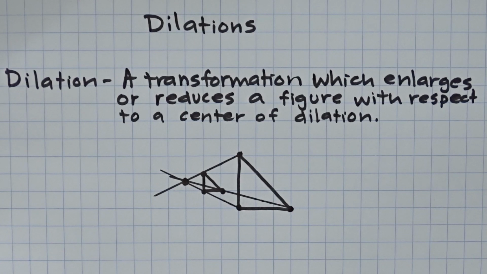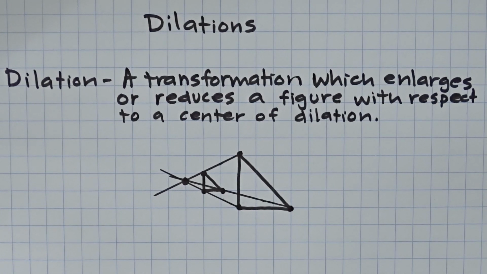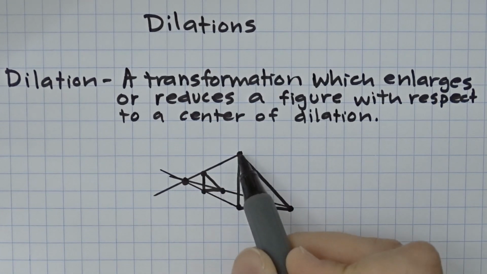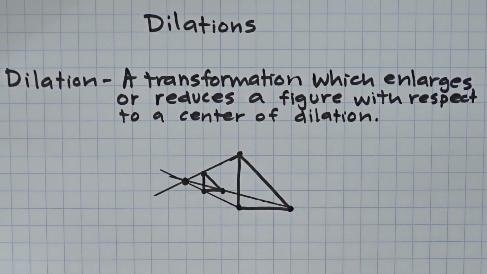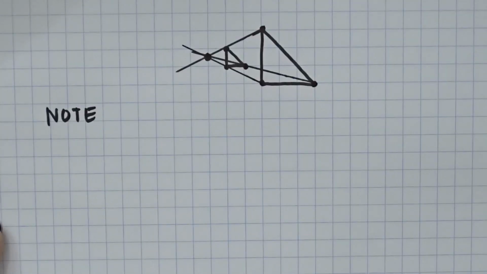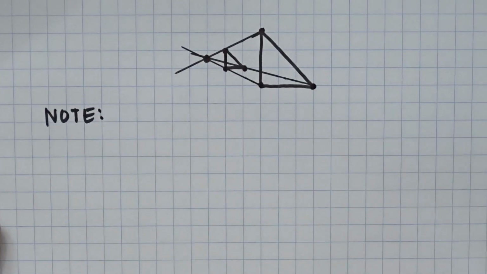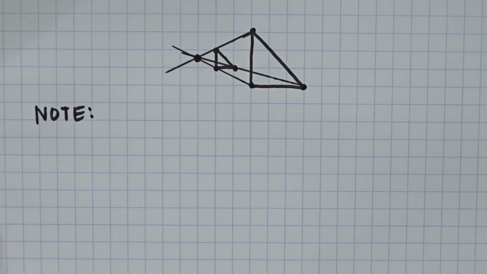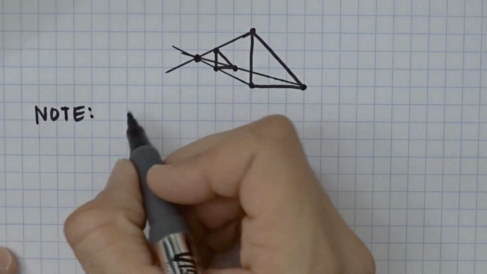So if you ever see two images and you're curious, are they dilations? You can just sketch a line from each vertex connecting and see if it looks like they come together at a point. All right, so let's write that down, because it is important to note when you see figures whether or not, by just looking at it, it is or is not a dilation.